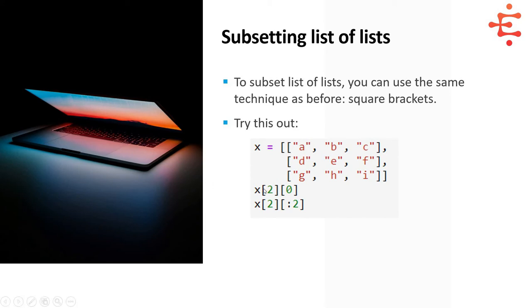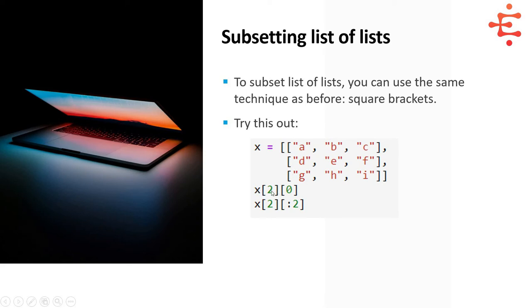In this case, you can see X is the list, and 2 is the index of the sublist. Like, ABC is the list 1, but at index 0. DEF is the second sublist but at index 1, and GHI is another sublist at index 2.